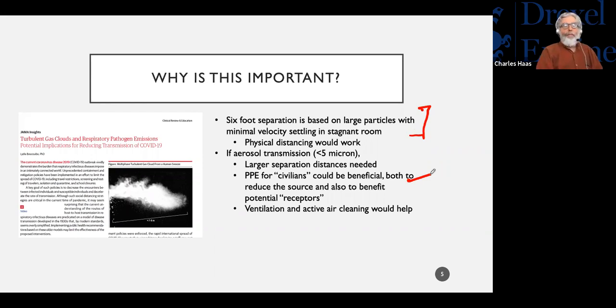The left-hand photo is a snapshot from a recent paper by a faculty member at MIT who did some very, very interesting high-speed photography of a cloud of particles released by an individual.